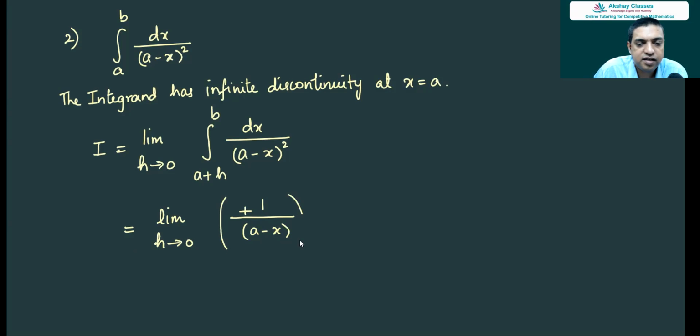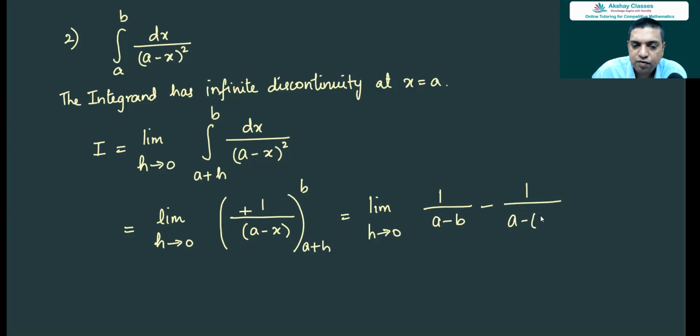Now apply a plus h to b: limit h tending to 0 of 1 upon (a minus b) minus 1 upon (a minus (a plus h)).